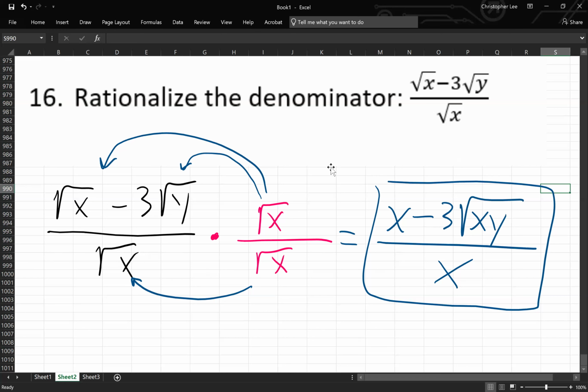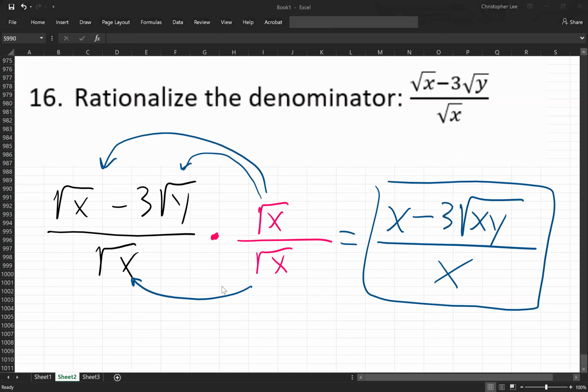Right. So the moral of the story, it's illegal for me to have radicals in my denominator. So that's why I have to do this. Multiply by radical x. Not too bad.